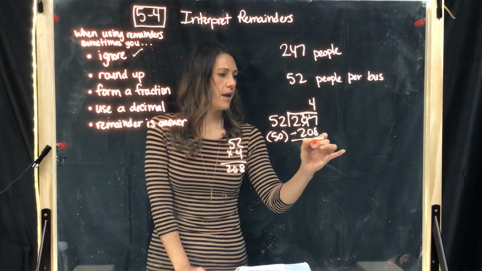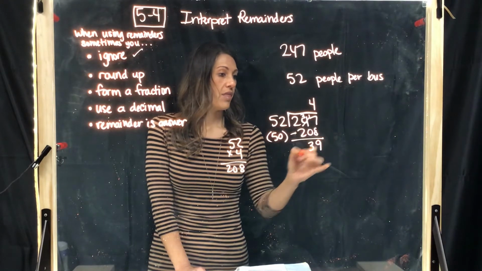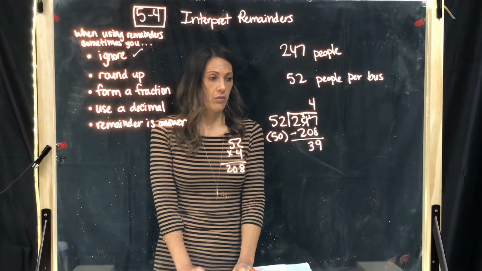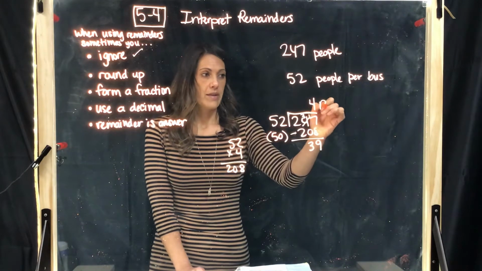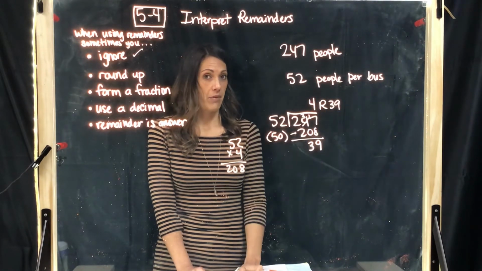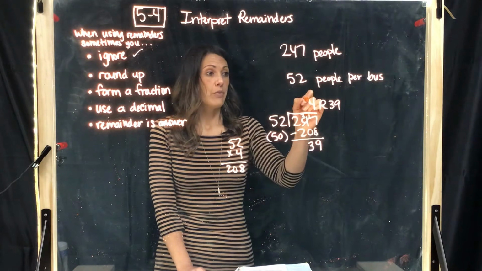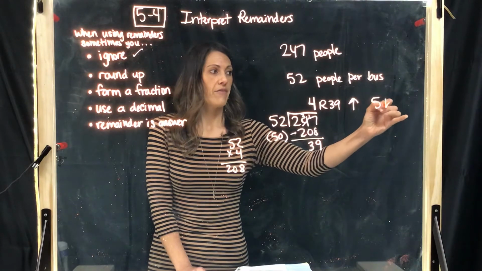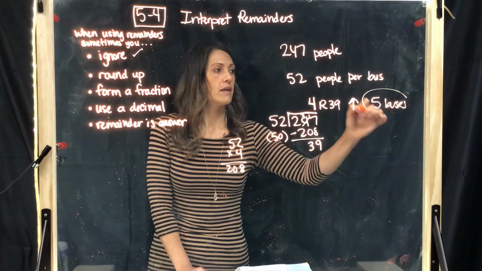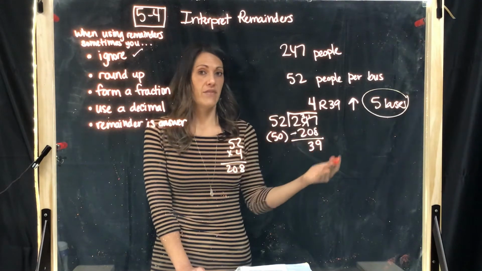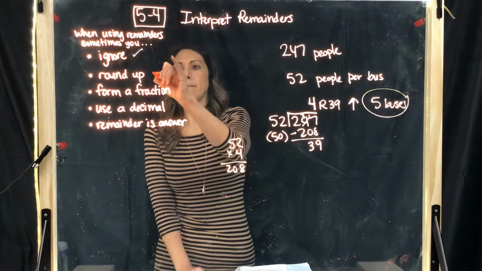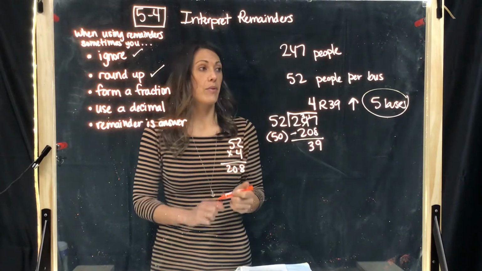And I would have 39 left over, okay? So I would not have a remainder of 39 people that have nothing to do. I would have to get, not 4 buses, but round up, and I would get 5 buses. So in this situation, when I did the division problem, I would see this isn't gonna be even. I need to round up and get 5 buses. So we would round up with this remainder.